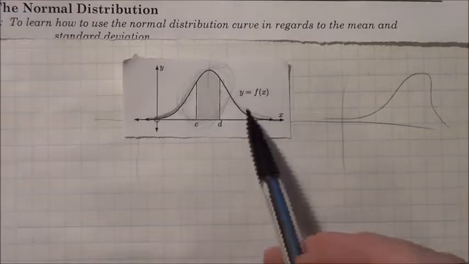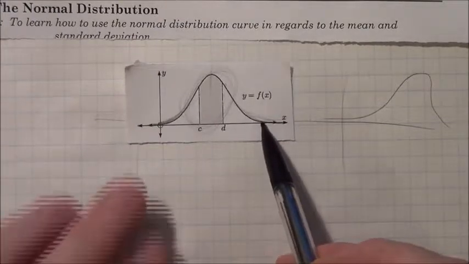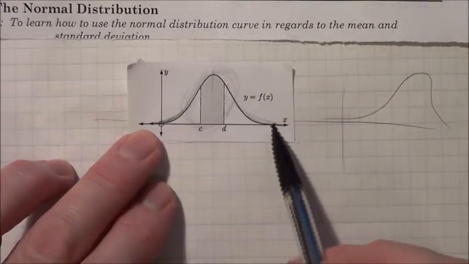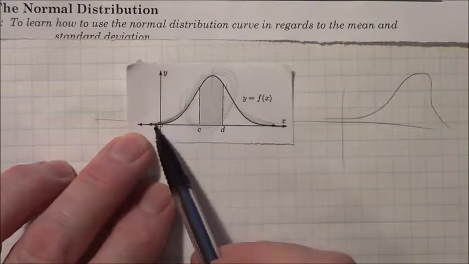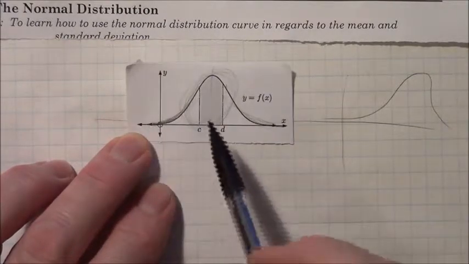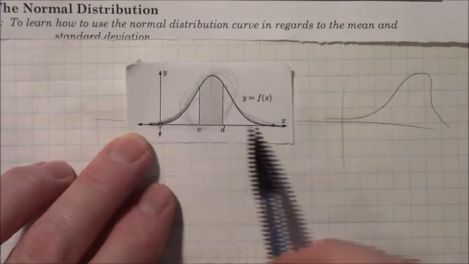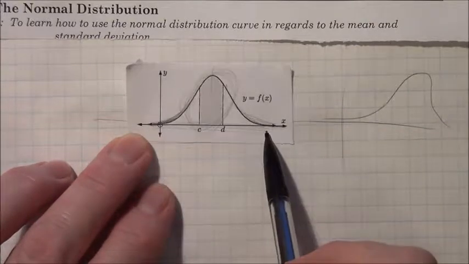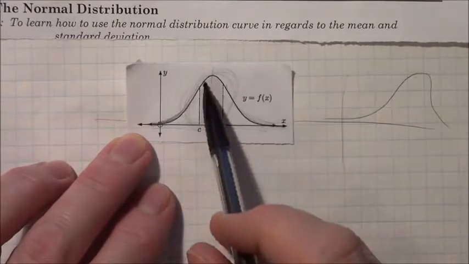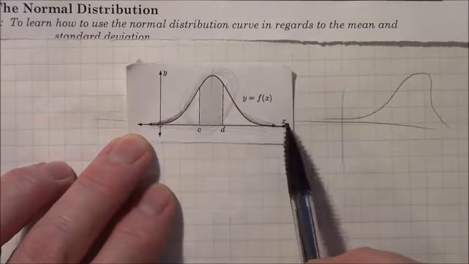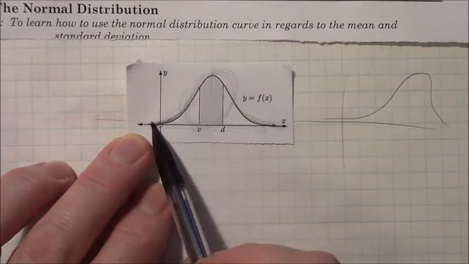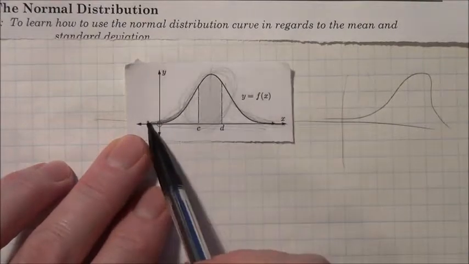It approaches 0 at the extremes, as the values get larger and as the values get smaller. Now it doesn't actually reach 0, it's just approaching 0. The x-axis is like a horizontal asymptote, where the curve approaches but never arrives, and same thing at the low end.